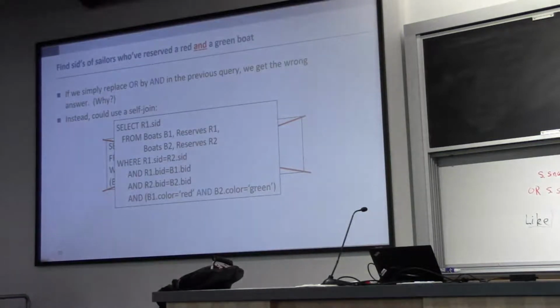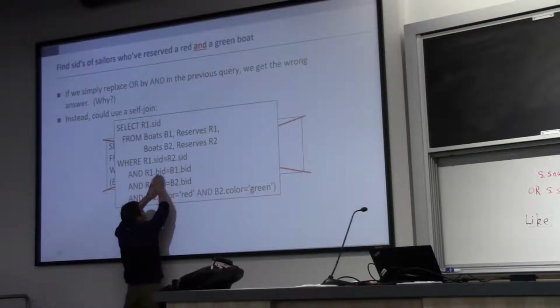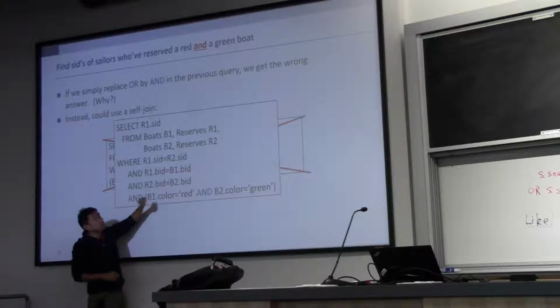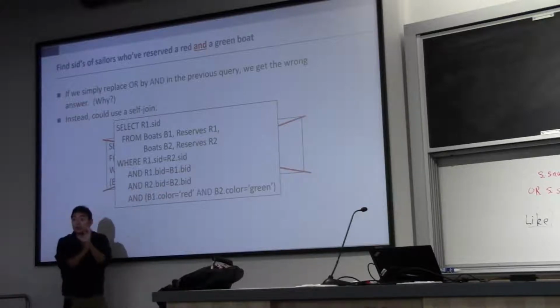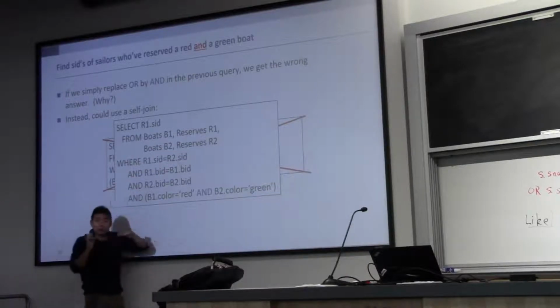First of all, you use one combination of boats and reserve, which is B1 and R1, where the condition is R1 boat ID equal to B1 boat ID. Let's ignore all those conditions with R2 and B2 in it. Does that make sense? Imagine you're reading this query, but only look at this condition involving R1 and B1.